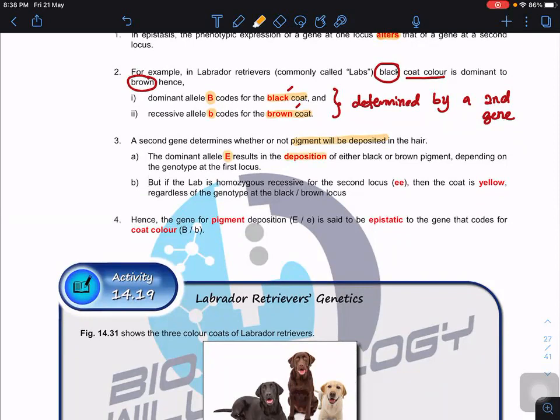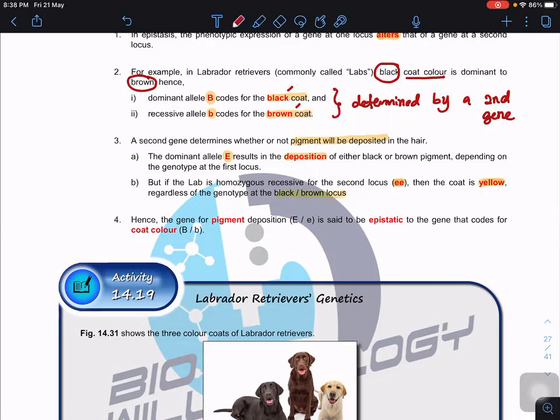But if the Labrador retriever has a recessive for the second locus, so it means small e, then we don't care about their dominant allele or recessive allele, they won't get the black or brown color, they will get the yellow color, which is no deposition. Can you see that? Regardless of the genotype at the black or brown locus.